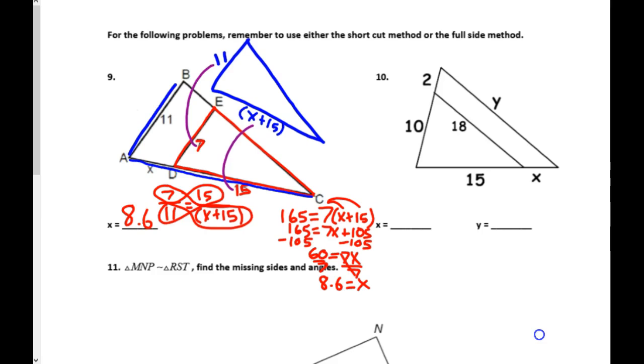Alright, there you go. If you had gotten 1.2, it's because if you look at your calculator, it says 60 divided by 7 divided by 7. Don't divide it twice. Alright, number 10.